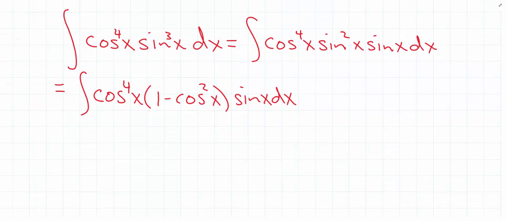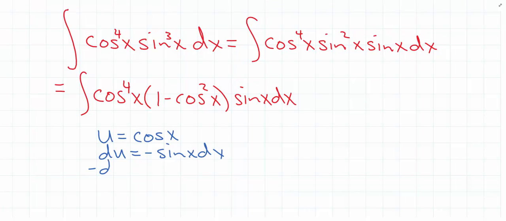Now I'm in a position where I can let u be cosine. Okay, so here it goes. Let u be cosine x. Then du is negative sine x, and that would be negative du is equal to sine x dx.